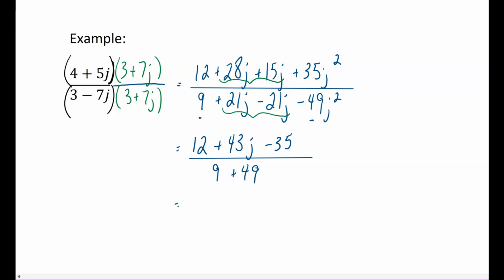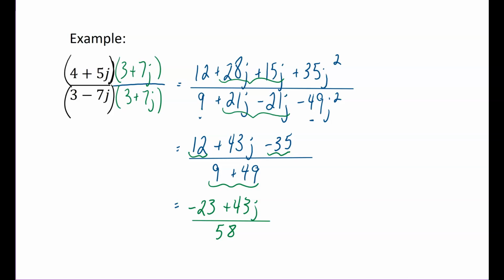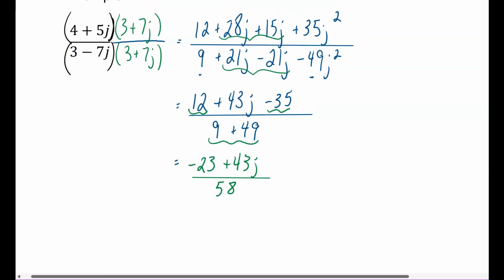One more thing: I have like terms in the numerator and like terms down here, so let's do that addition. 12 minus 35 gives us minus 23, plus 43j, and that is over 49 plus 9, which is 58. Now that doesn't quite look like anything we've seen before. However, 58 is a common denominator for each of those terms in the numerator.